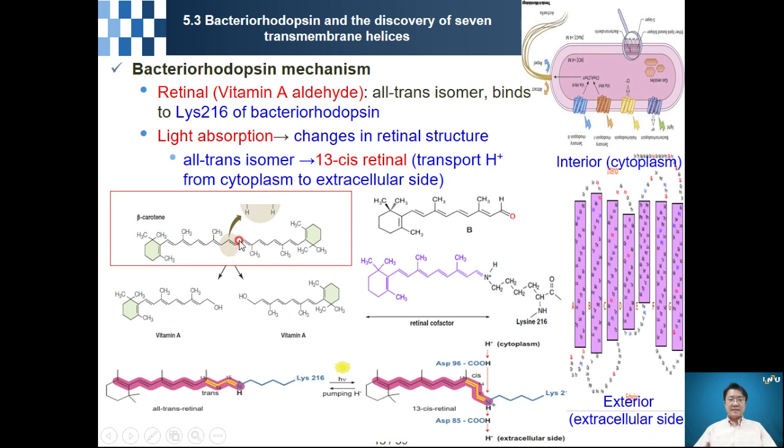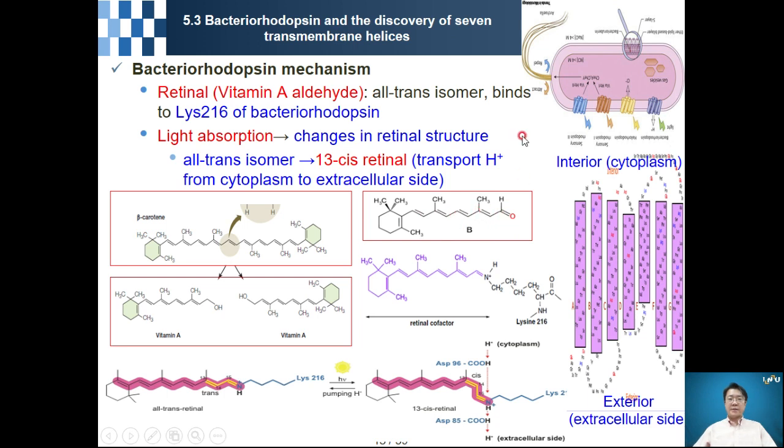Beta carotene is divided by 2, so it makes 2 vitamin A. Vitamin A has an OH group, and this OH group is changed to an aldehyde. This is what we call retinal. Another name is vitamin A aldehyde.